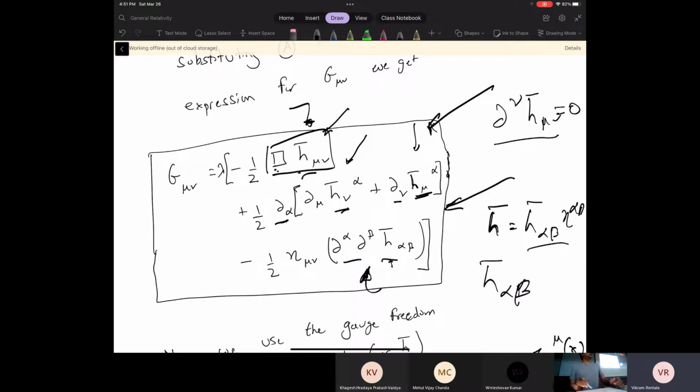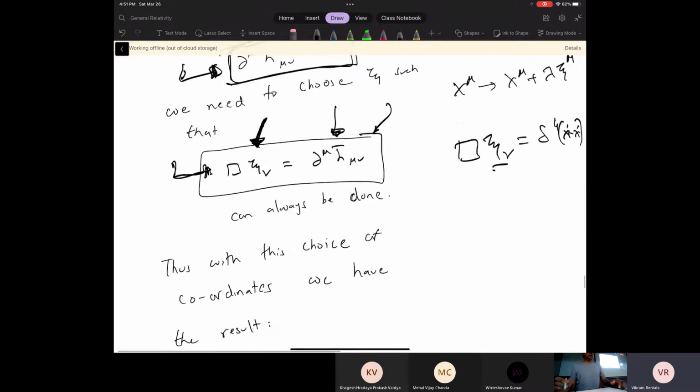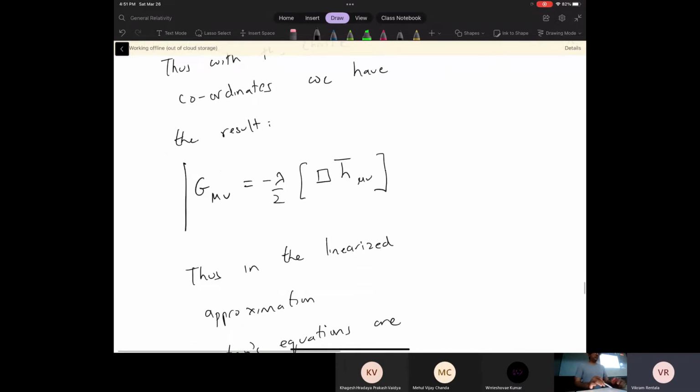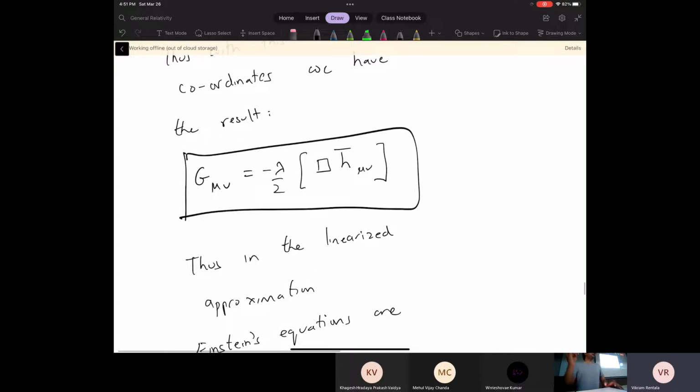So everything else is 0 inside. So g mu nu becomes really simple in this coordinate system. In this gauge choice, g mu nu is very, very simple. It's minus lambda by 2 times box h bar mu nu. So this is really nice, right? We've made a complete simplification of the Einstein tensor.